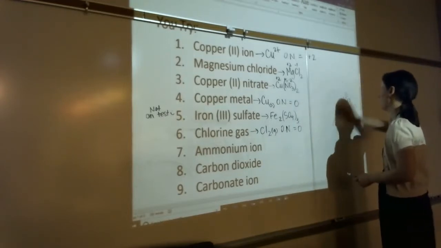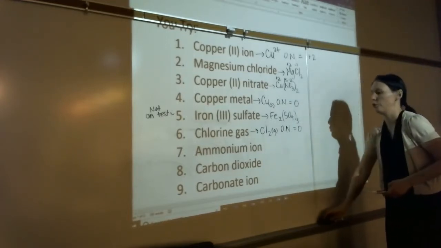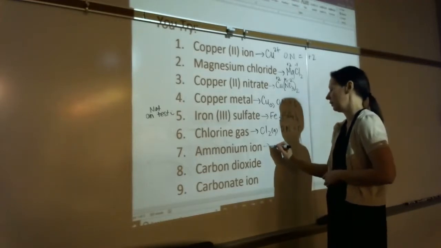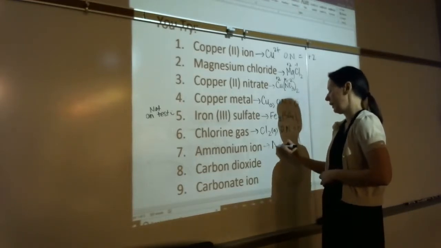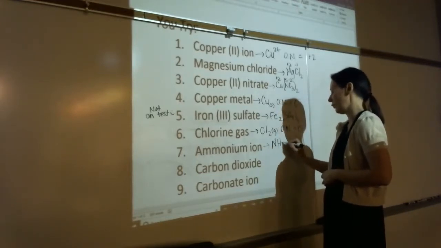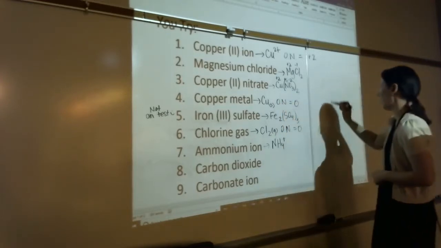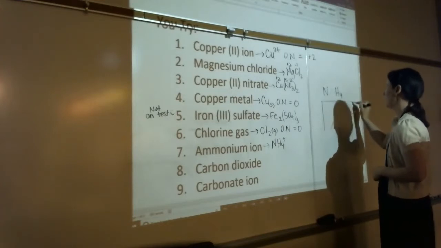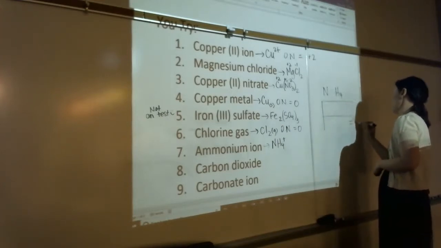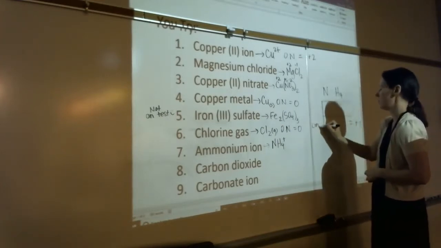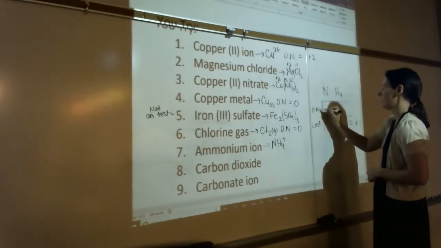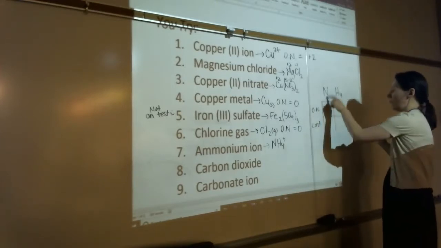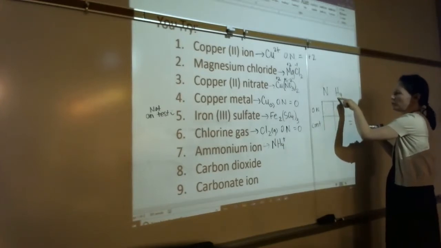All right, let's do the ammonium ion. What's the formula for the ammonium ion? NH4 plus. So the contributions need to add up to what? +1, right? This is our contribution. This is our oxidation number. We have a usually rule, but let's follow the always rule first.